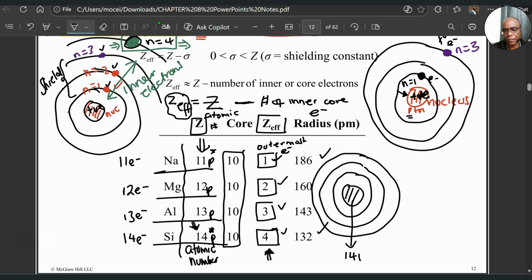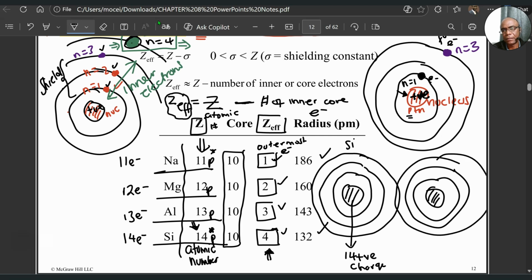So you have 14 protons, or 14 positive charges, in silicon. If I was to draw sodium with the same energy shells, sodium has 11 positive charges, meaning 11 protons. So which one do you think has the stronger nucleus?